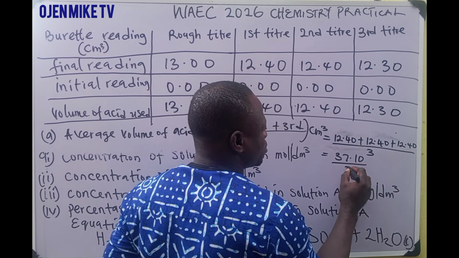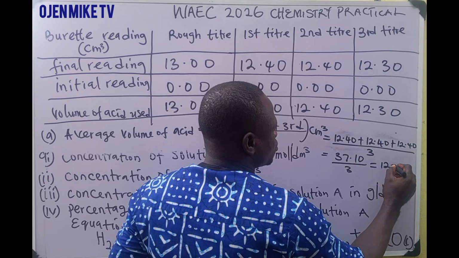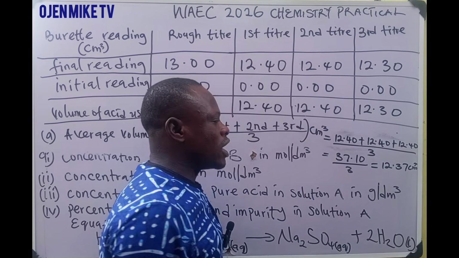Alright? Divide by 3 equals to 12.37 cm3. This is what you are going to have.